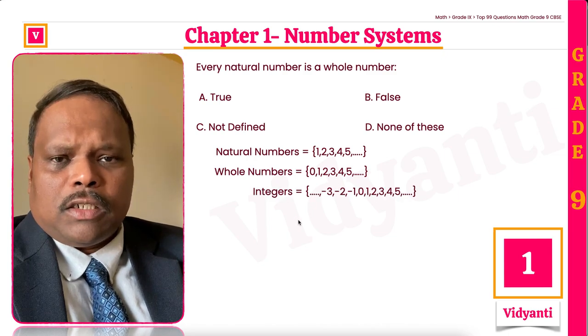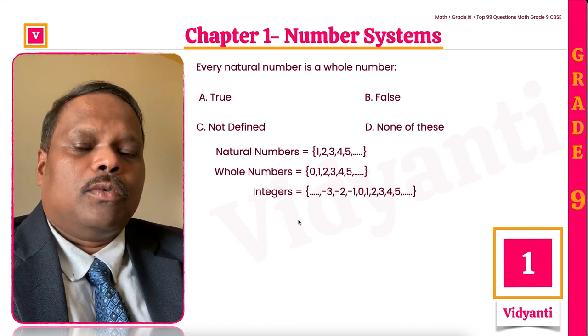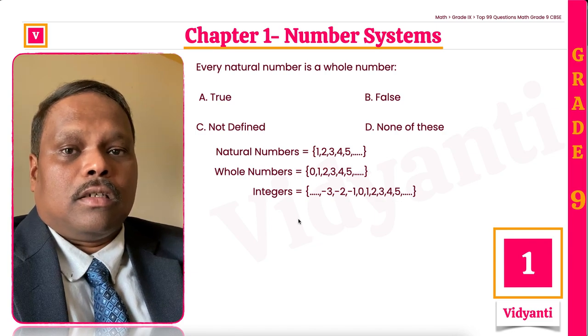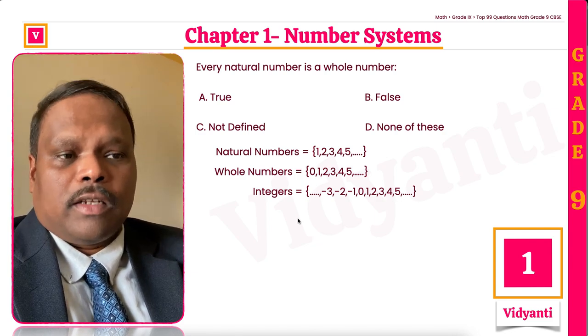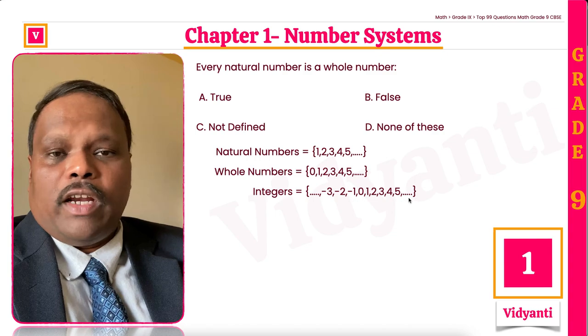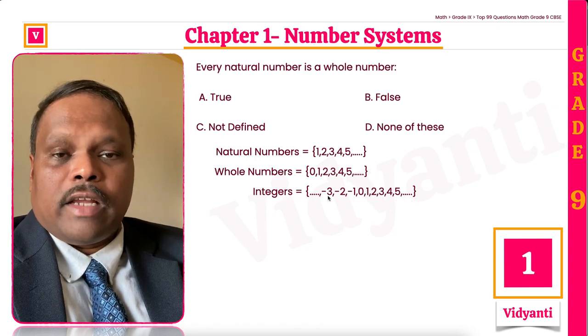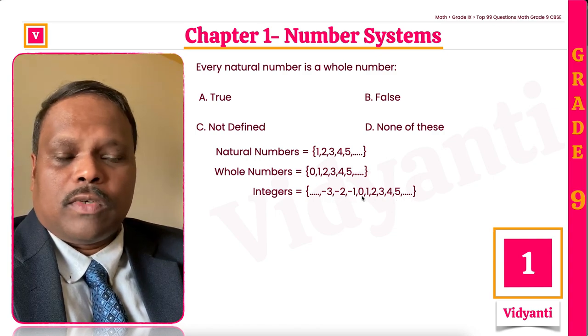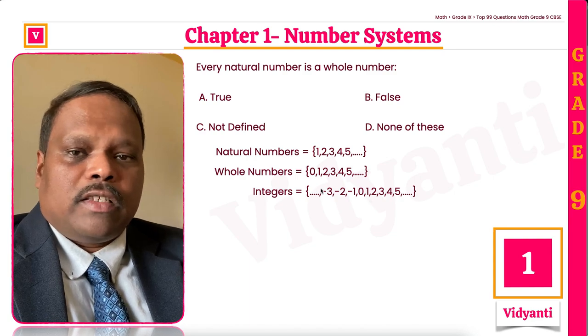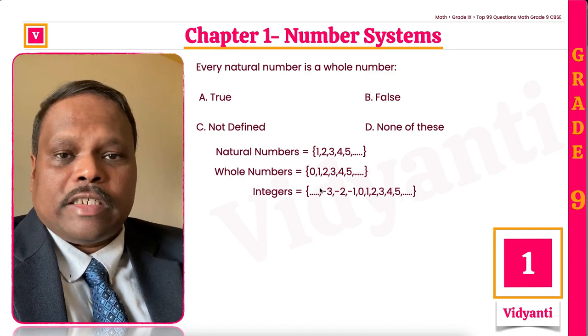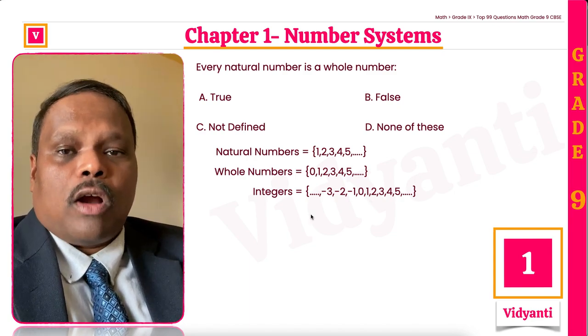We get integers because occasionally we have to indicate the opposite direction, the other side. So it is infinite in both directions, and it has negative numbers such as -3, -2, -1, 0, 1, 2, 3. As you can see, the definition of sets gets more and more comprehensive.